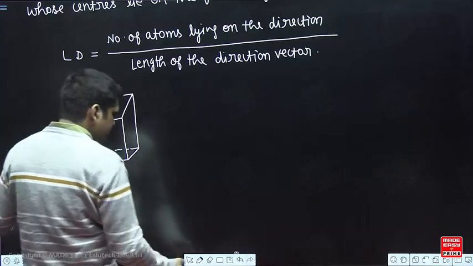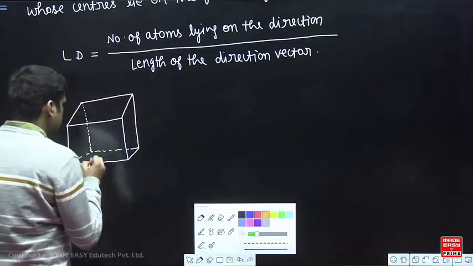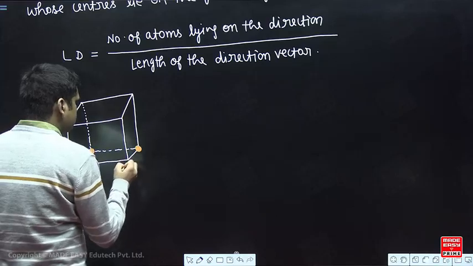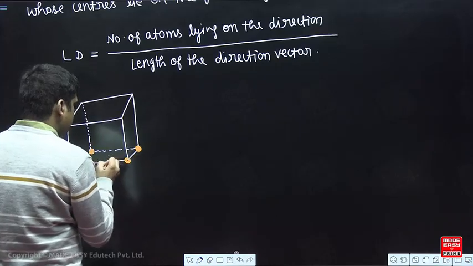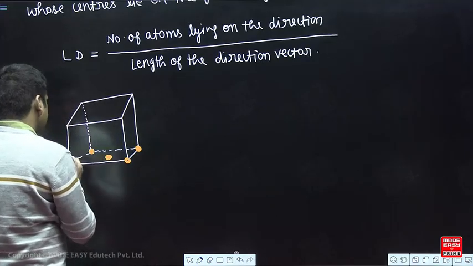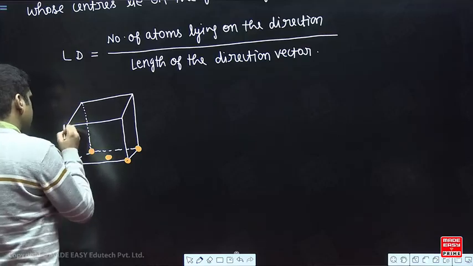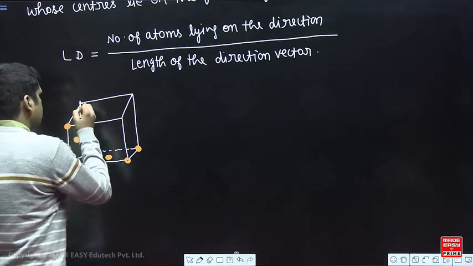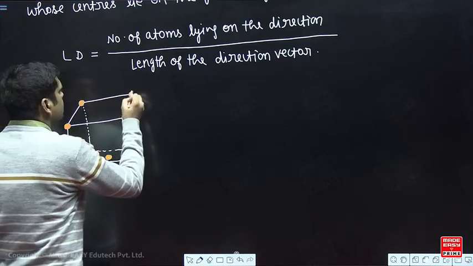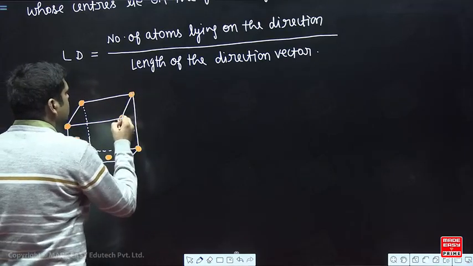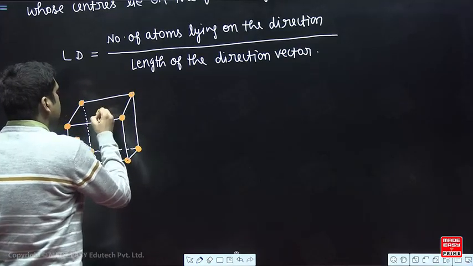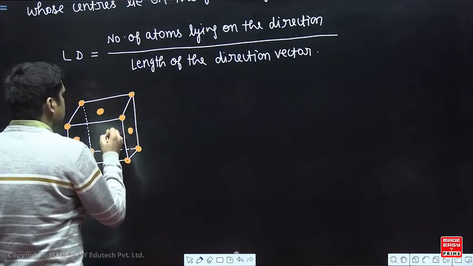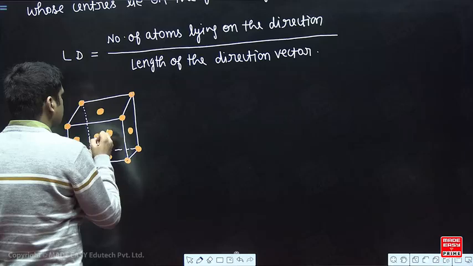Let us suppose this is FCC, this is an atom, this is an atom, here a face atom, and so on.